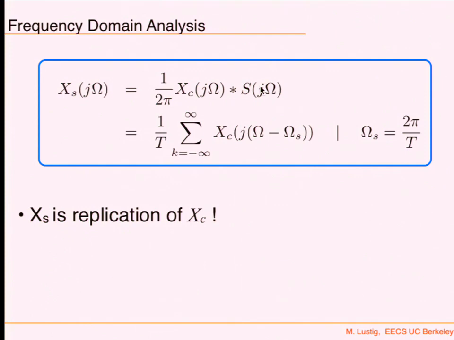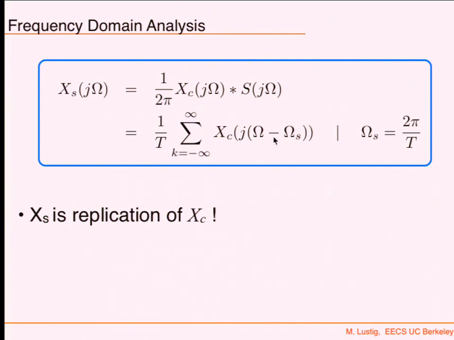About every impulse function of S of j omega, you're going to just put your signal around it. So effectively, you're going to replicate your signal around one of these impulses. Okay, so you got replication of your signal.